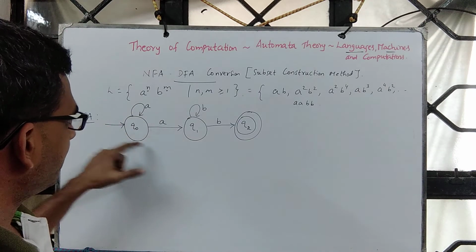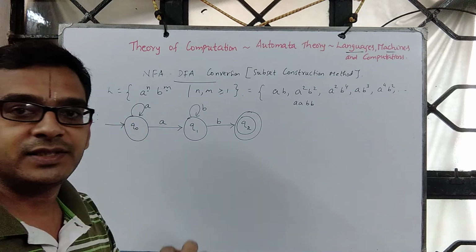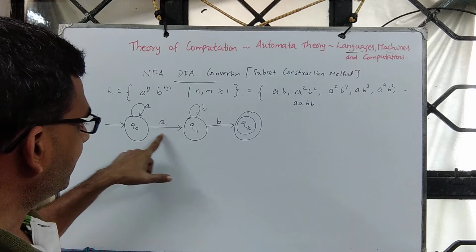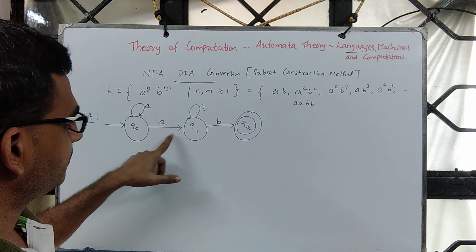So using Q0, we read in some sense n-1 A's, and the nth A is read using this.